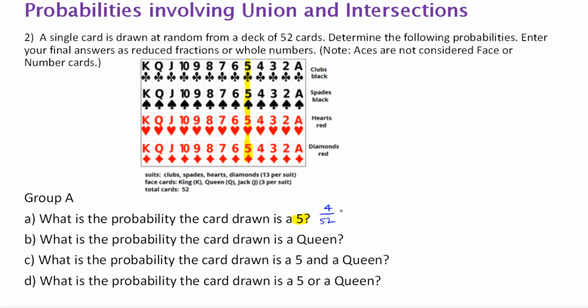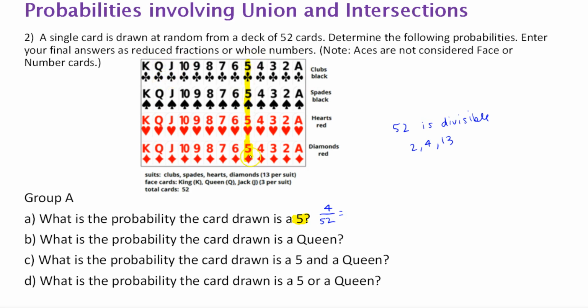Now, something that'll be helpful to note, you can always simplify these on your calculator, but it's handy to note that 52 is divisible by, if you need to simplify, 2, 4, and 13. So 4 is divisible by 4. It turns out 52 is also. That may not be a number fact you know. But an easier way to remember, if you start to look at the structure of a deck of cards, it's set up this way for a particular reason.